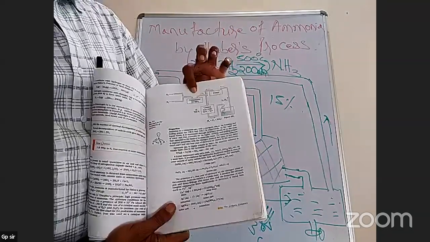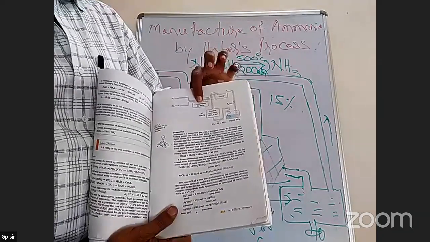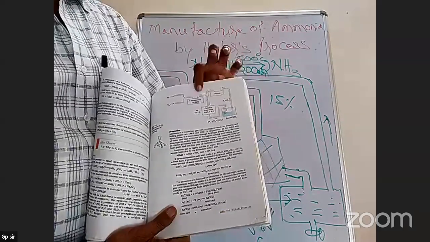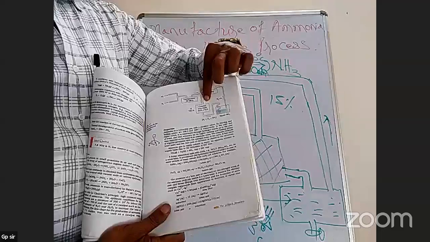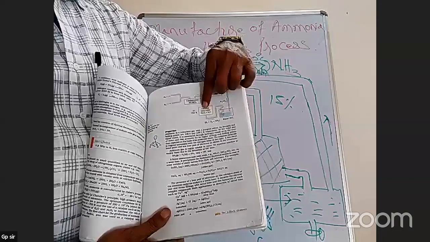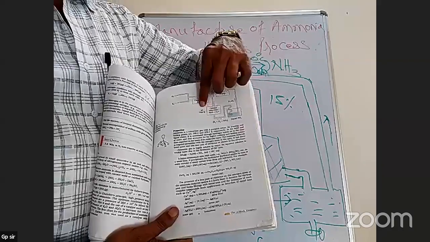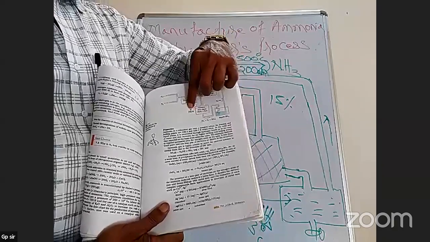Pure nitrogen and hydrogen are passed to the compressor where they are compressed to about 20 megapascal, or 200 atmospheres. Then it is passed into the catalyst chamber, which consists of iron oxide, K2O and Al2O3, at 773 Kelvin.